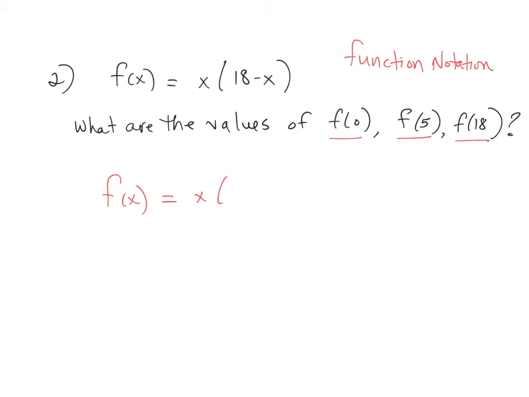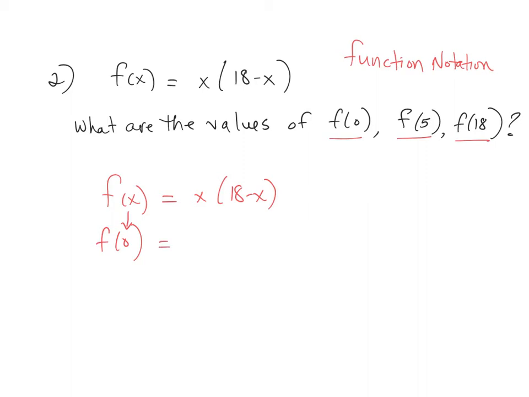You notice how it's written f of x equals x times 18 minus x, okay? And it's looking for f of 0. So what we've done is we've replaced the x with 0. That's exactly what we're going to do.